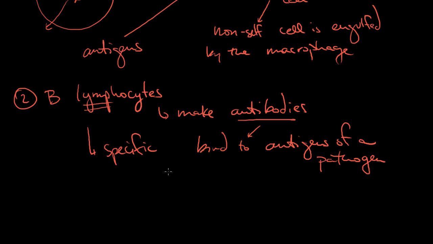So what ends up happening is that when you get an infection from a pathogen, we have these cells that are called helper T cells. They're floating around through your blood. There's another type of white blood cell, or leukocyte. And they are recognizing self or non-self, kind of like the macrophage does.